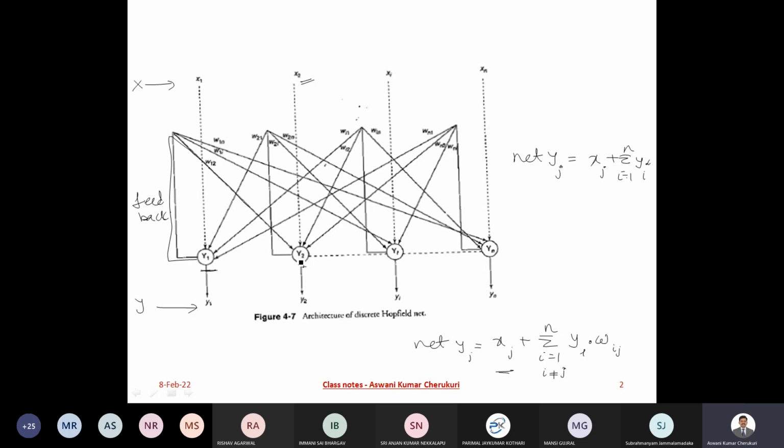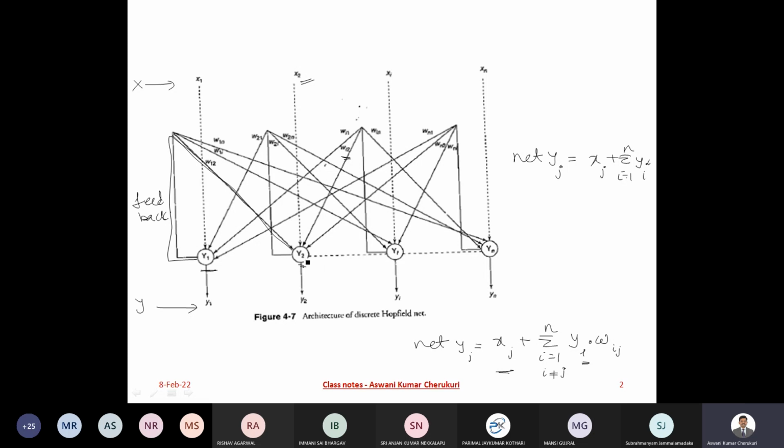Now you look at this Y2, you see that Y2 is having the connection from Y1, W12, that is the connection weight. Are you able to see that? Similarly, Y2 is also having a connection from, say, the ith node, so this is Wi2. Similarly, it is having the connection from the nth node, so this is Wn2. So that connection weight and the corresponding output at that node.